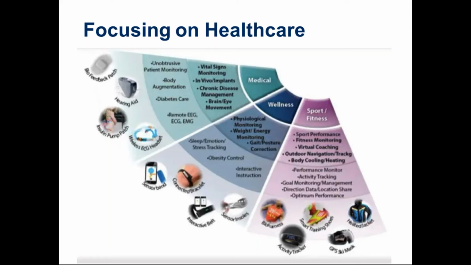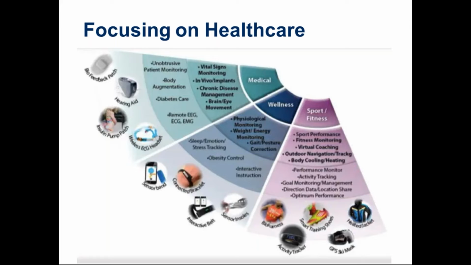The third part which I would be focusing on is sports and fitness. In sports and fitness, sports usually need rigorous training and fitness monitoring. So the performance of the person needs to be monitored. There needs to be fitness monitoring. Virtual coaching is needed.